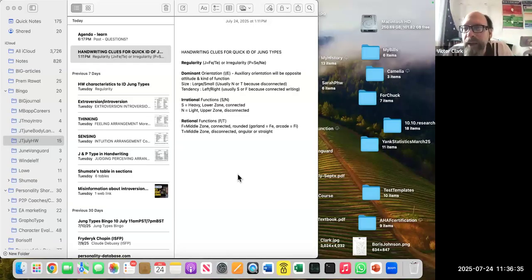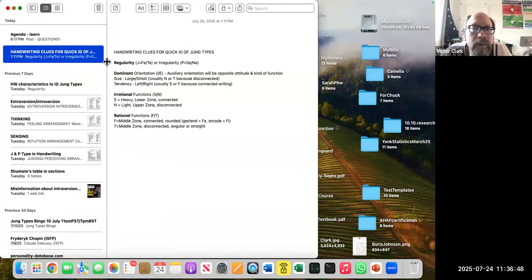I think it's on the app page. No, it's not the app page. Okay, there it is, application window. Now it's showing it. I think this is what I did last time. Can everyone see my notes here?